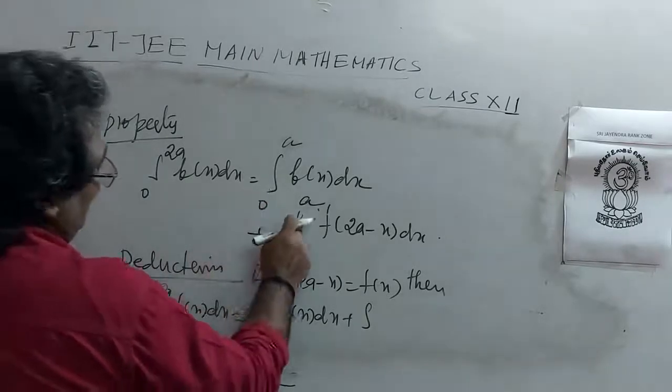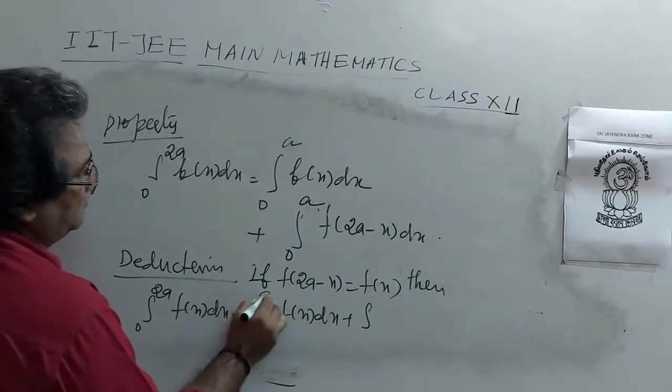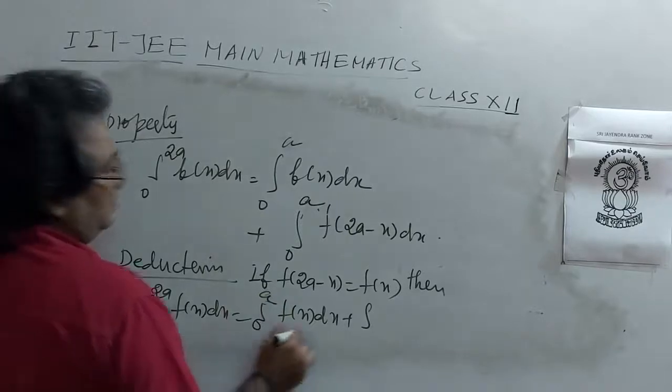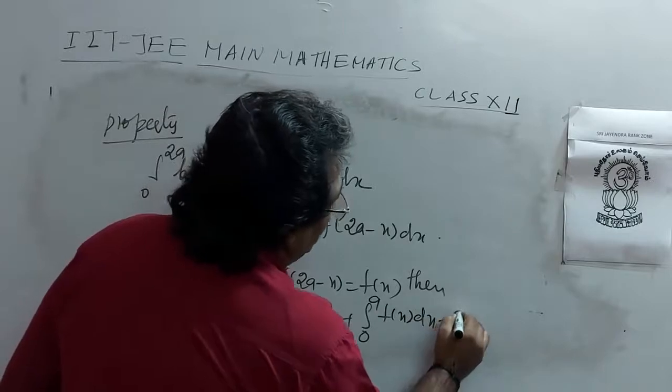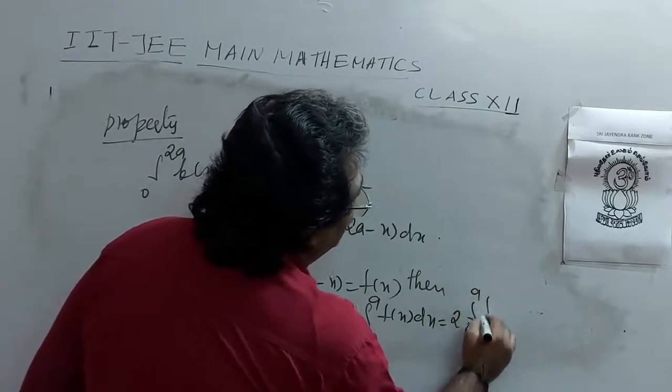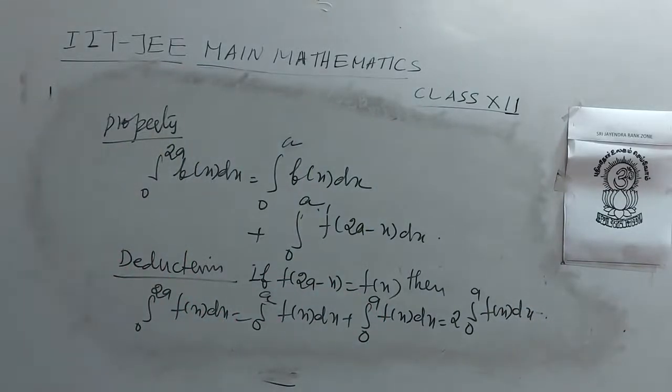So it is twice integral 0 to a f of x dx. It's the first deduction.